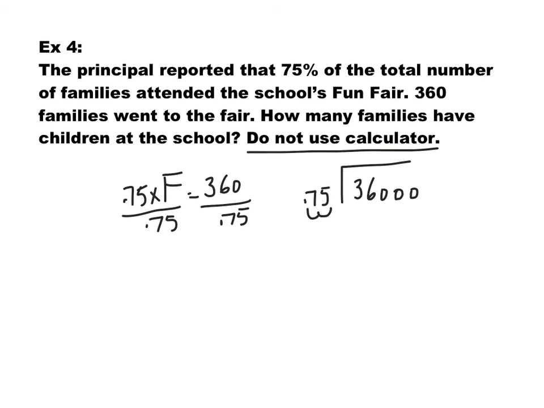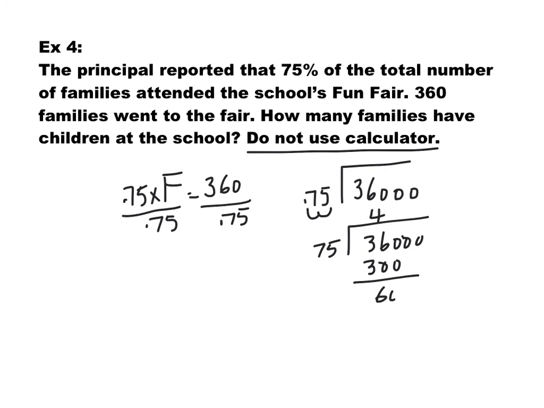So I have to divide 36,000 by 75. Now, I'm going to take 3 digits. 360 divided by 75 is going to give me 4. 4 times 75 is going to give me 300.